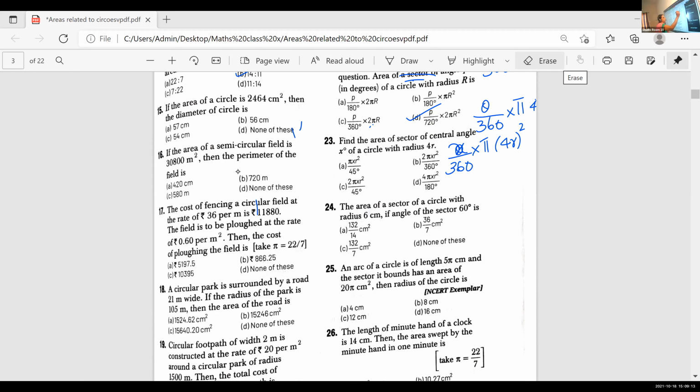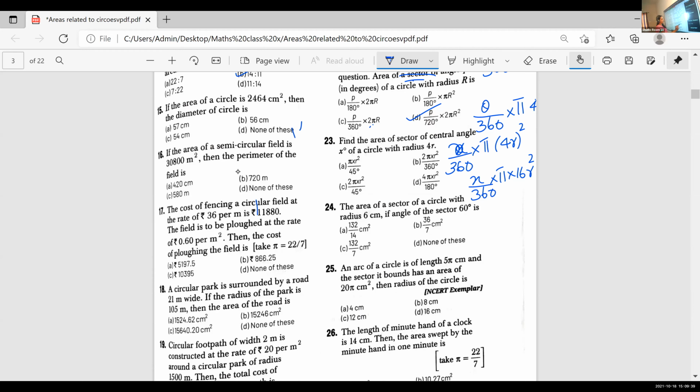When you cut short this, 4 on simplifying it is 360, 16, isn't it? So x by 360 into pi into 16 r square. 16 and 360 if you cancel, check what is the answer for the 23rd one.